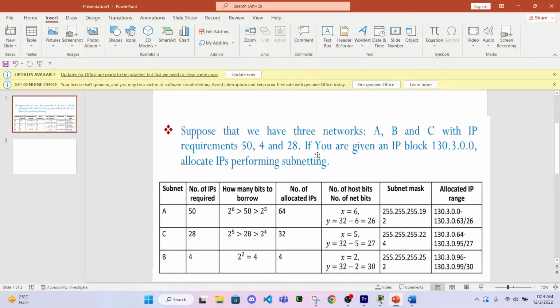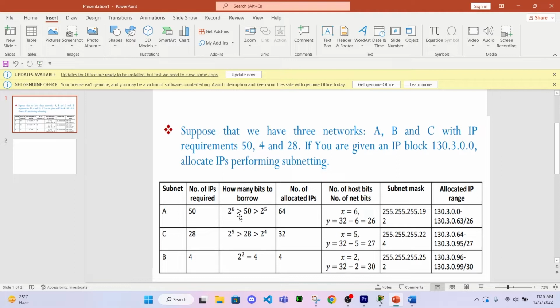Then to count the bits, we write it as a power. Here 2 to the power 6 is greater than 50, and 50 is greater than 2 to the power 5. That means 2 to the power 6 is 64, and 64 is greater than 50.